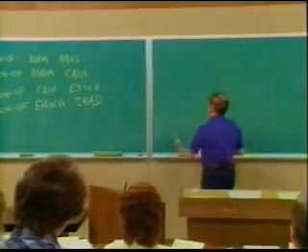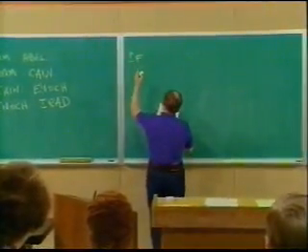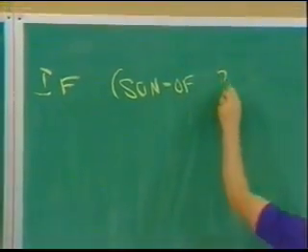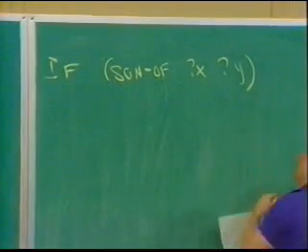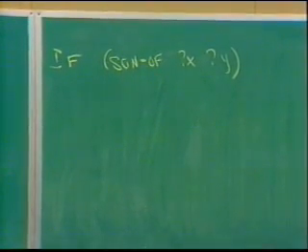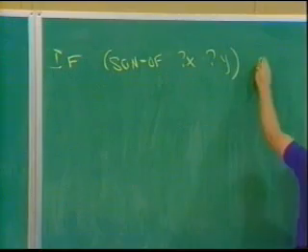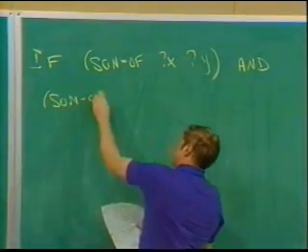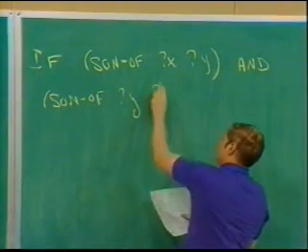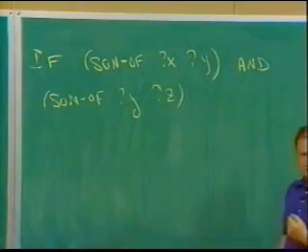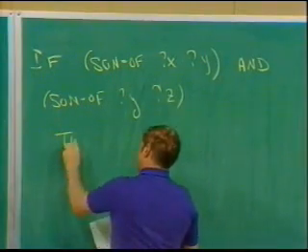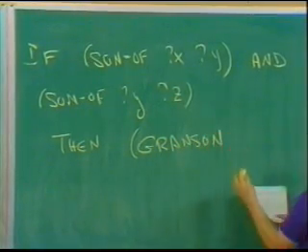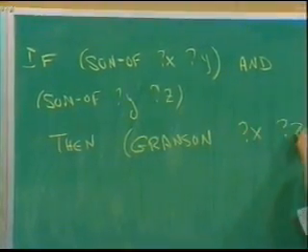We can say, for instance, if I'll make up some syntax here, if the son of x is y, and I'll put question marks to indicate variables here, if the son of x is y and the son of y is z, then the grandson of x is z.